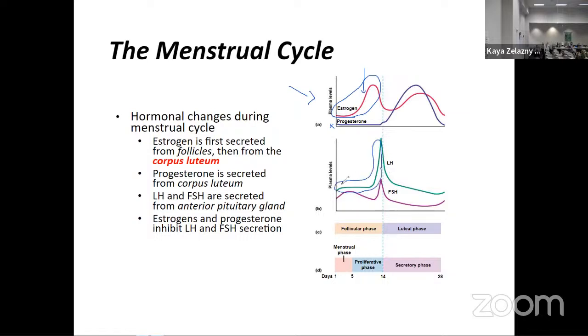Our FSH goes up a little bit, gets suppressed a little bit, then goes up a lot more in the late follicular phase. That's what's feeding those growing follicles. That surge dies off during the luteal phase. And we have estrogen and progesterone not being very high right after ovulation, but as that corpus luteum takes over production, it's producing estrogen again, but it really produces a bunch of progesterone, which we haven't seen during the first part of this cycle.